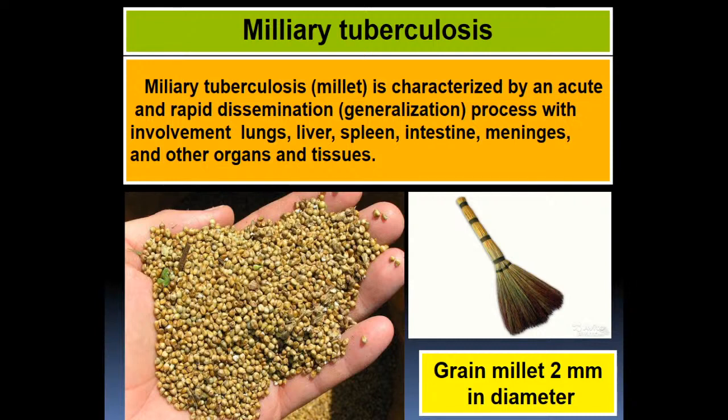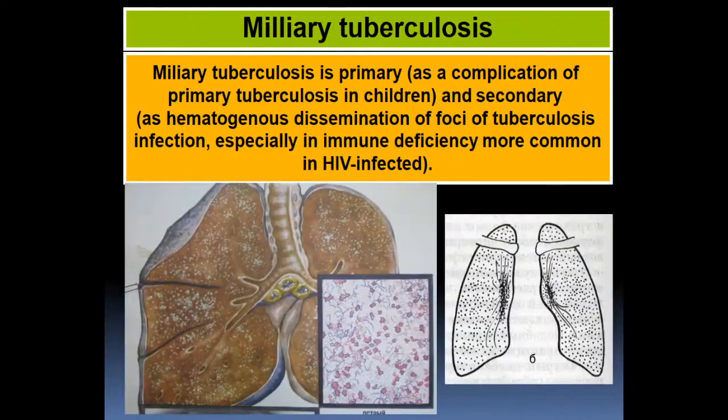It is a generalized process with involvement of lungs, liver, spleen, intestine, meninges, and other organs and tissues. Lesions look like millet grain, therefore this form is named miliary TB.